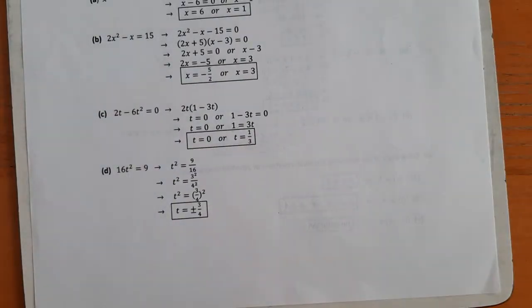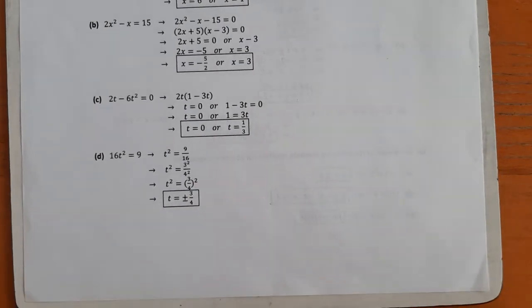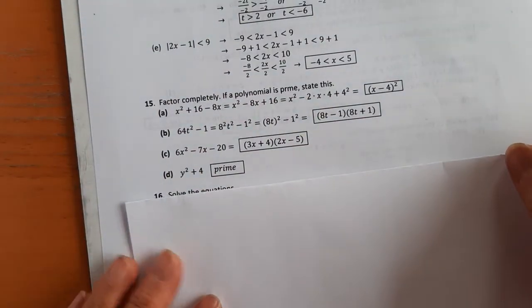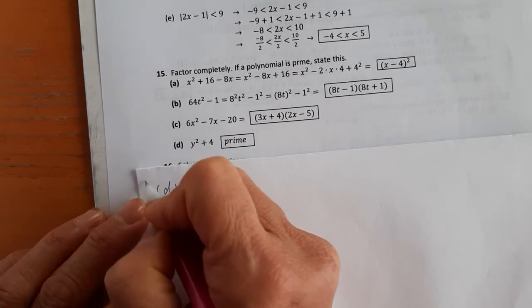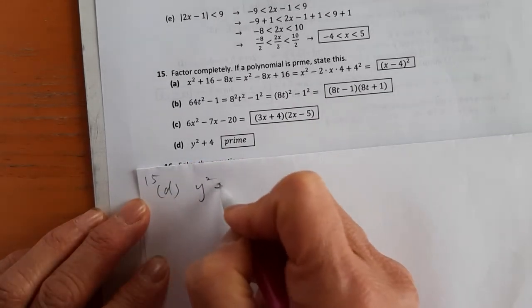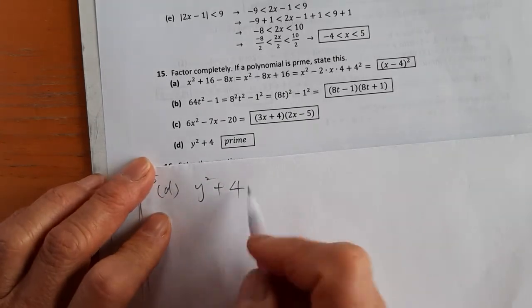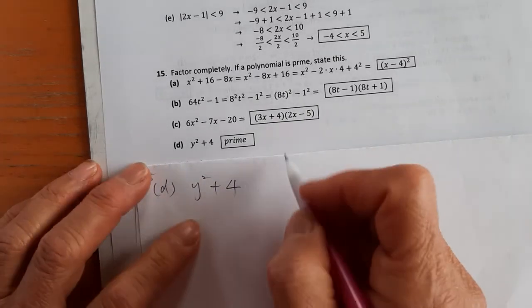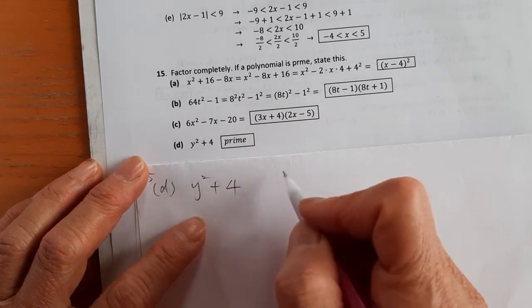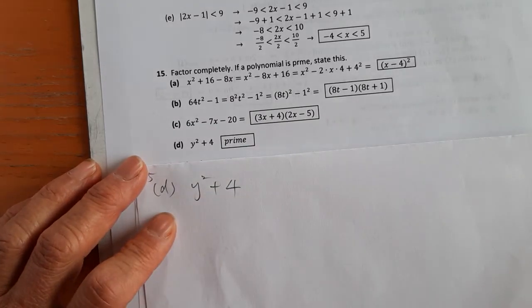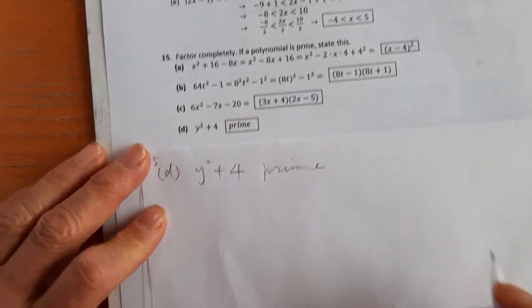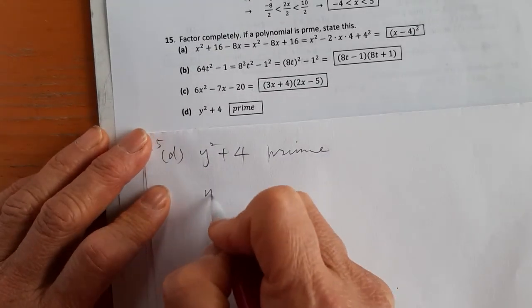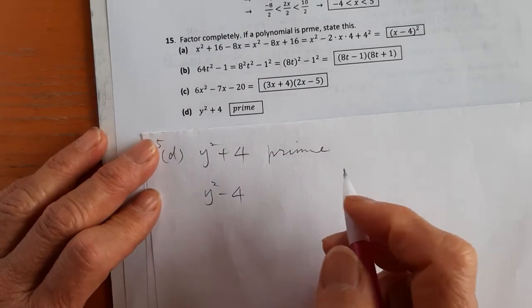And the D is 15d, y squared plus 4. If it is a plus, we cannot further factor, so you say it's prime. Now, if I change this to minus, y squared minus 4, you can factor it.